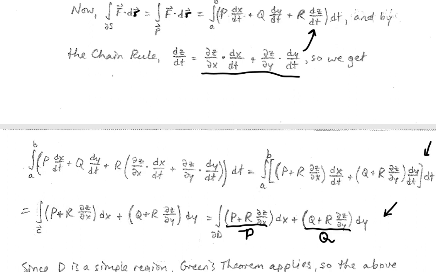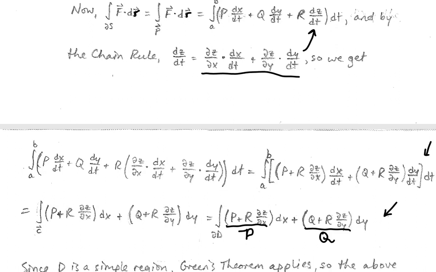So by the circulation curl form of Green's theorem, the integral over partial d of p dx plus q dy is equal to the double integral over the interior of that boundary, or the double integral over d of the partial of q with respect to x minus the partial of p with respect to y.